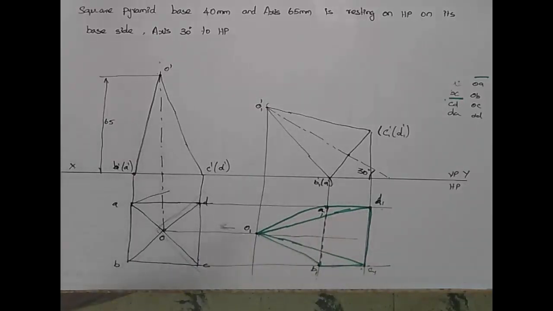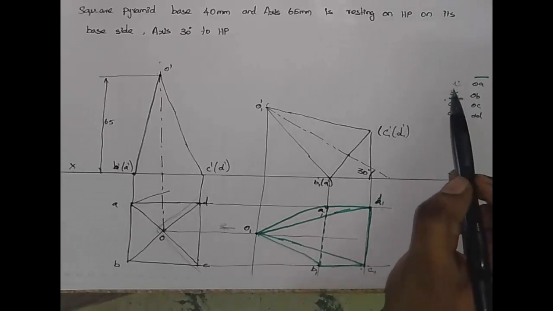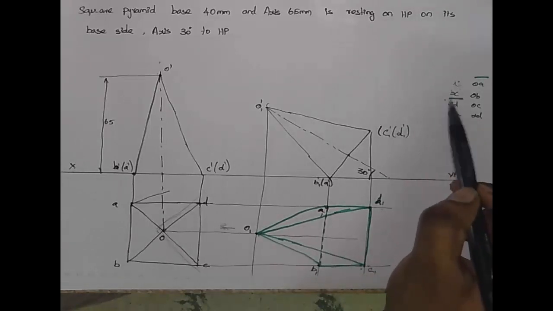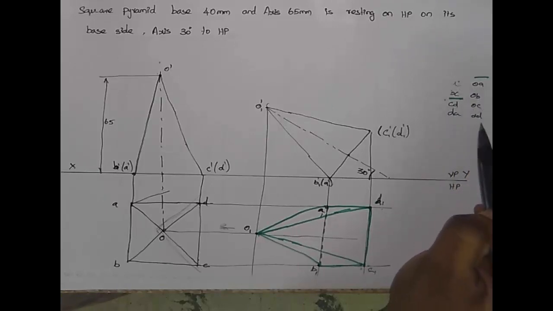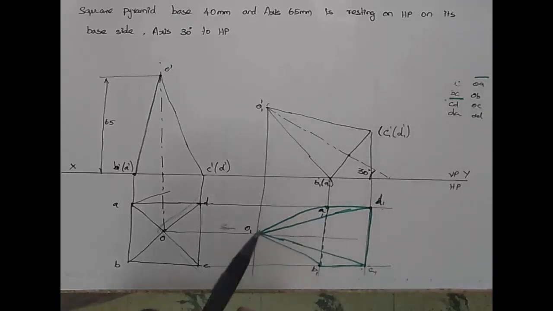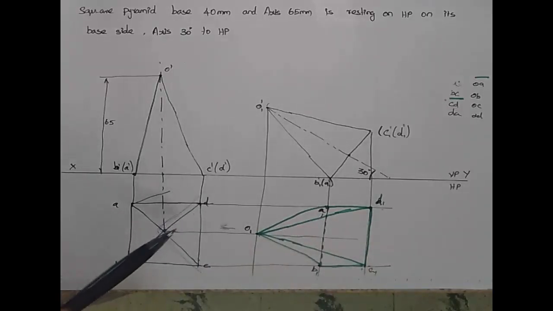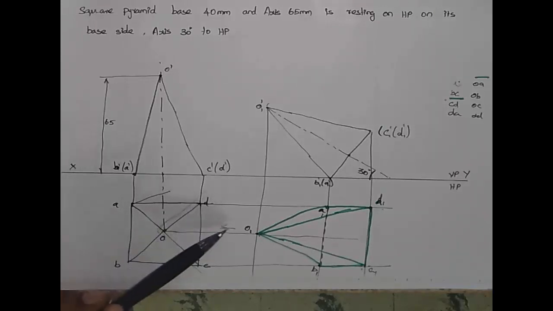Then you come to our procedure. That is, shorter edges are AB, BC, CD, DA, and longer edges are OA, OB, OD, OC. Right? Now you darken all the outer edges. Now the edges OD, OC, CD are in between my arrow mark and imaginary line, and these edges only will be visible.